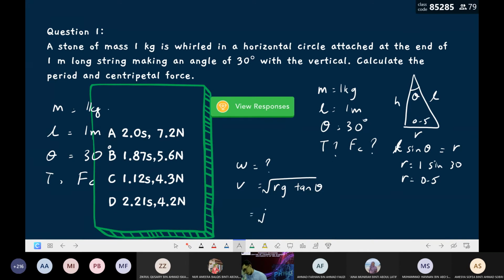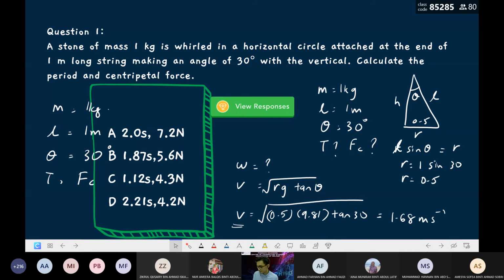Okay, jadi square root of 0.5 darabkan dengan 9.81 darabkan dengan tangent 30. So our velocity is 1.68. Okay, then daripada sini kita boleh kira kita punya omega.